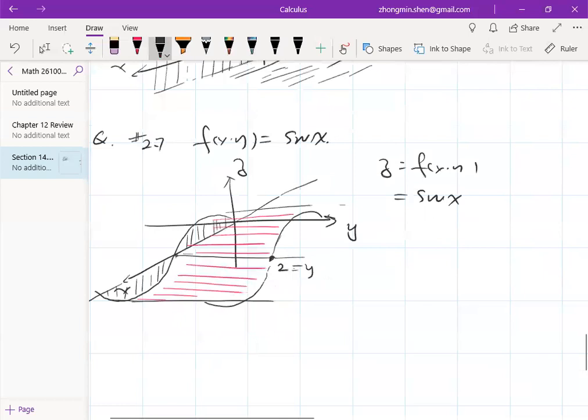On the plane y equals 2, you get a graph of sine x in the xz plane. You have to catch the key information. Then you draw that part, and then it looks like a graph.